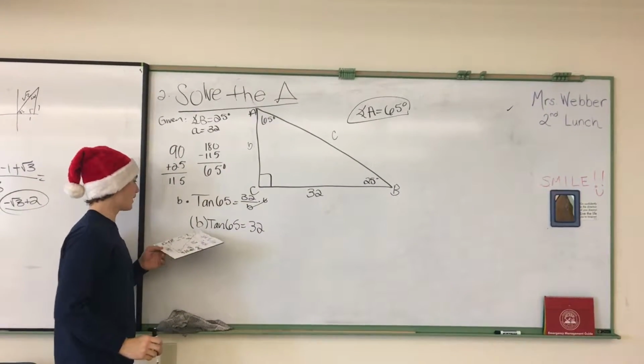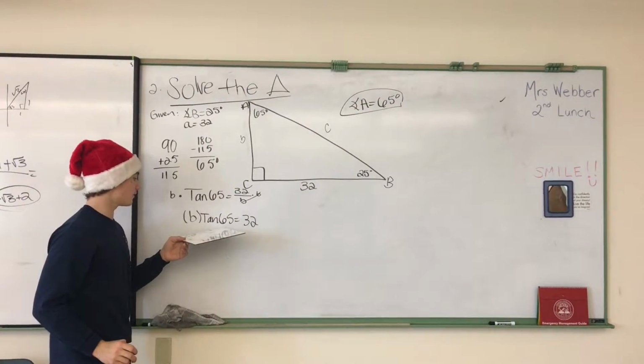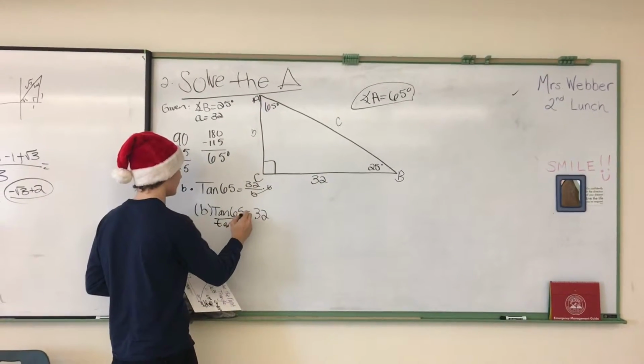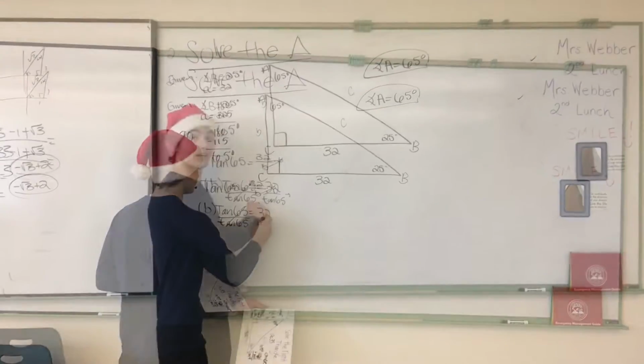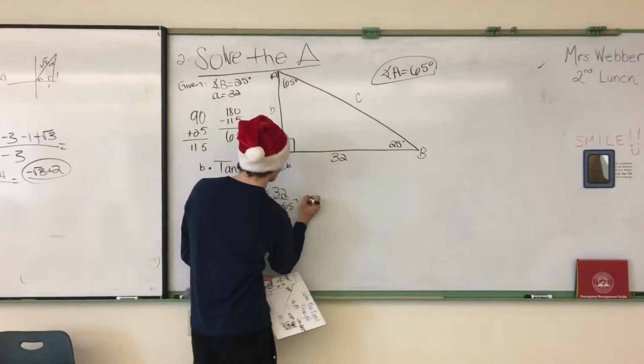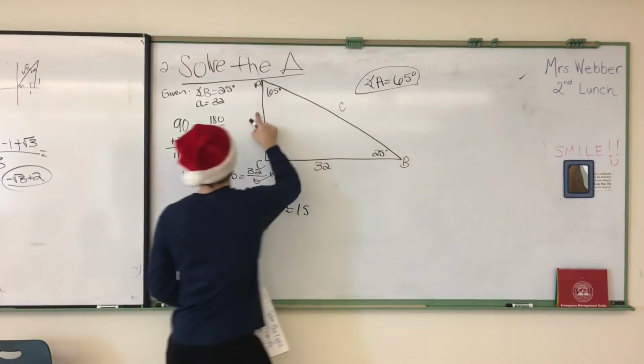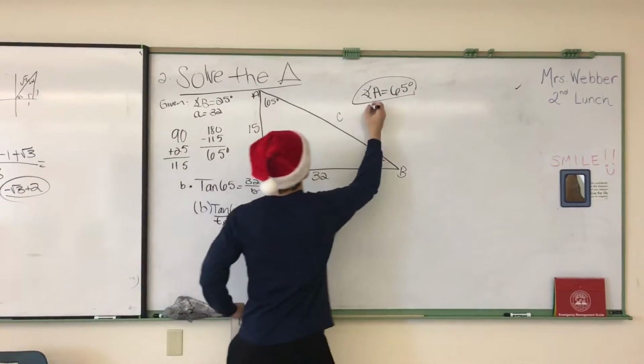To get B by itself, you have to divide both sides by tan 65. When you take 32 over tan 65, you get about 15 when you round. So B equals 15.